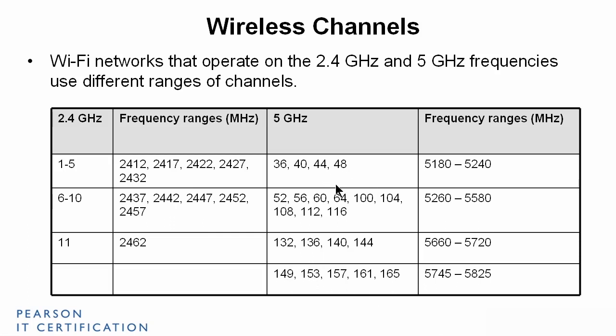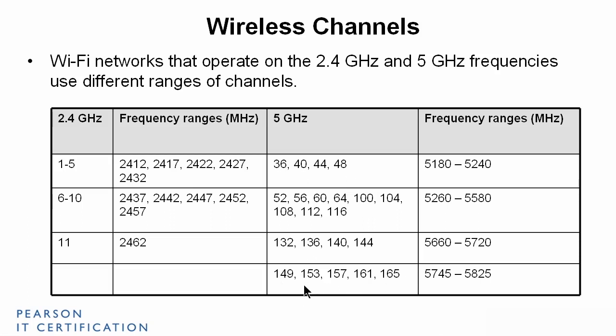Now, there's a lot of gaps in here, and that's because there's military and there's government applications using various frequencies within 5 gigahertz. And really, most of the typical wireless access points are only going to give you this set of frequencies and this set of frequencies.